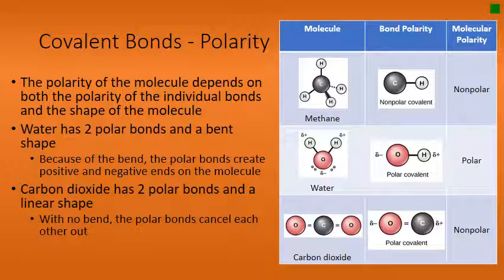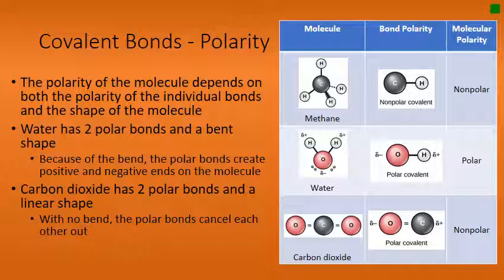So each oxygen-hydrogen bond is polar covalent, with the electrons distributed closer to the oxygen. You combine that with the bent shape, and you find that the water molecule itself has a slight negative electrical charge localized near the oxygen atom and a slight positive charge localized near the hydrogens. This results in a polar molecule.